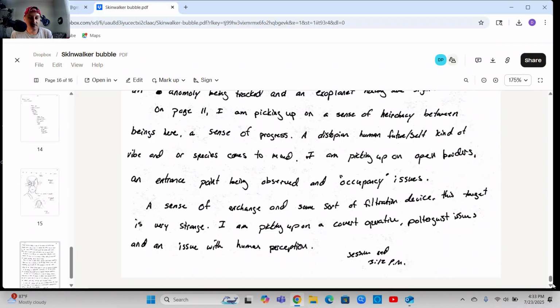My best guess currently, with all the sessions that I've done, a few on this revolving around Skinwalker Ranch, is that the bubble itself, at least from my perspective, seems to be projected through technology from this being.